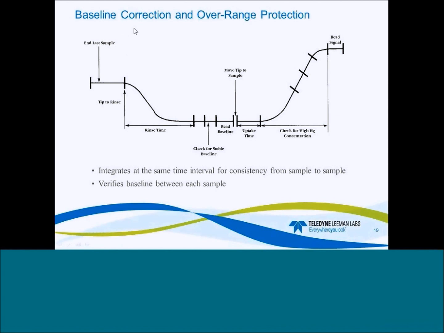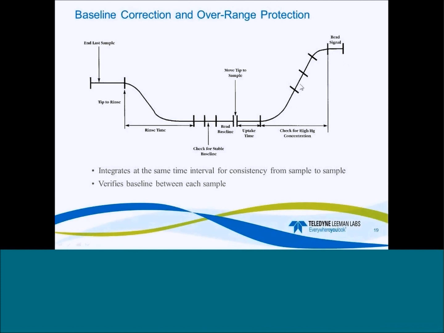These are 2 important things that help both with stability in the baseline correction and with protection from overrange samples, unknowns that may get into the system that are high in concentration and contaminate the system, requiring long washout. We will anticipate them by looking at the rise in the signal before we take a measurement.